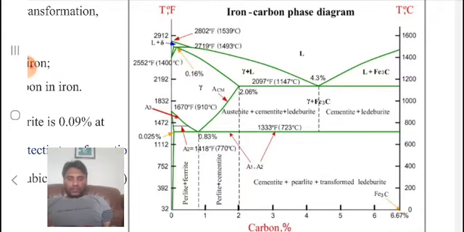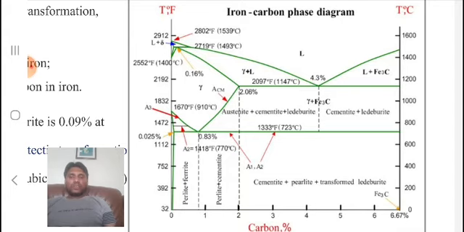So the complete solidification corresponds to the solidus temperature. Austenite is precipitated from the liquid alloy along the liquidus line. At a carbon content of around 4.3%, austenite and cementite are simultaneously precipitated from the liquid alloy to form the eutectic called ledeburite.